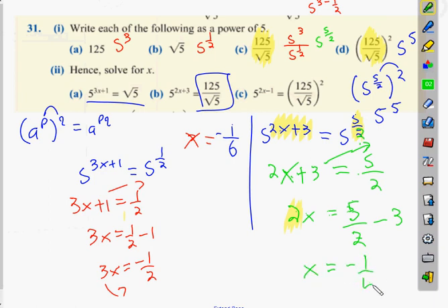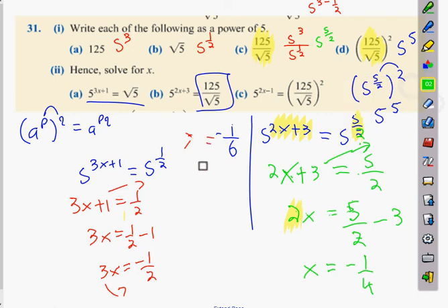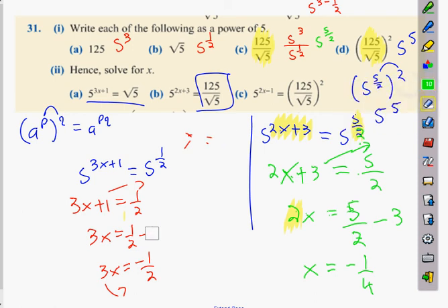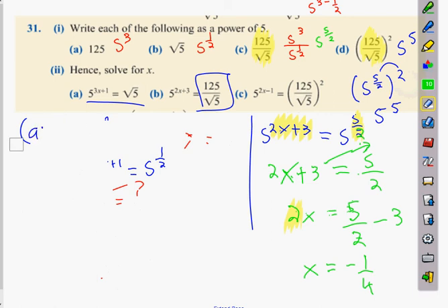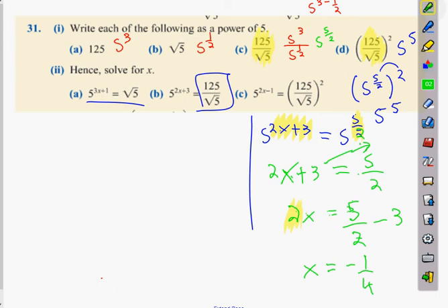Now, the last one, although it looks the most difficult, is actually the easiest one. 3 is the answer. So the next one here, guys, is basically what we're looking at: 5 to the power of 2x minus 1 equals 5 to the power of 5. We all agreed with that, didn't we? 5 to the power of 5.